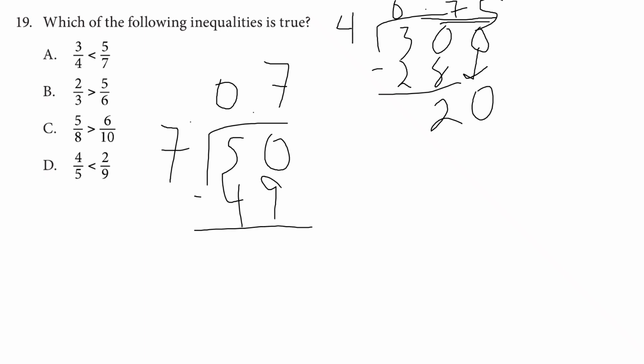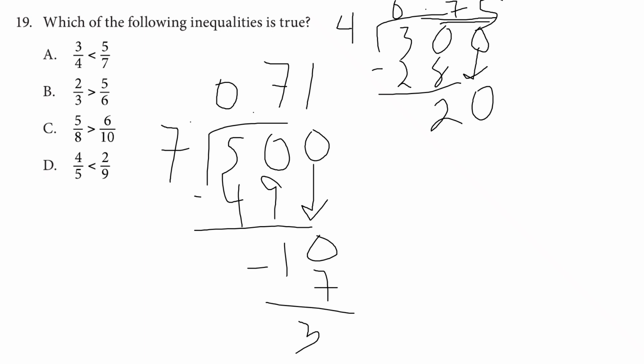That gives us 1. Again, anytime we get a decimal, we want to have at least 2 numbers after the decimal. 7 can't go into 1, so we add a 0. Bring that 0 down. 7 goes into 10 one time. We can just keep going, but we got our 2 numbers.